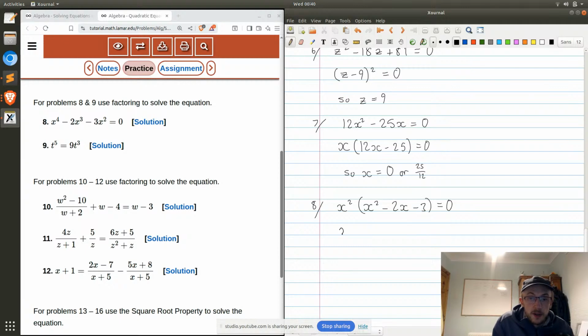All right, now factor that quadratic right there. Okay, I will. It's going to be x minus 3 times x plus 1. So now we can say clearly that x is either 0, which takes care of that, or minus 1, or 3.